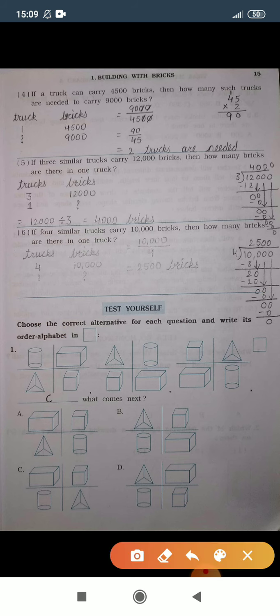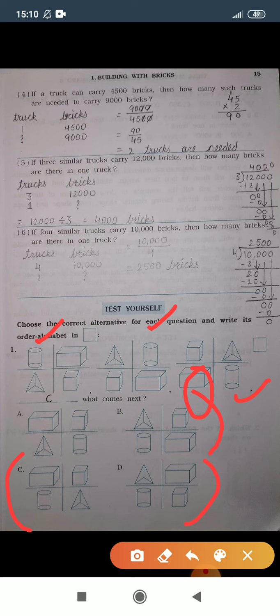Let's see. You can see this cylindrical shape is on the first position. In the second diagram it goes to the second, and in the third it comes down. So you can say that the fourth time it will come here. That means B, C and D can be your answers.